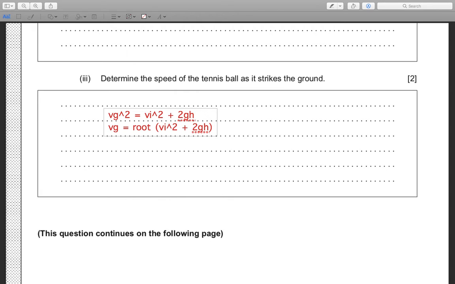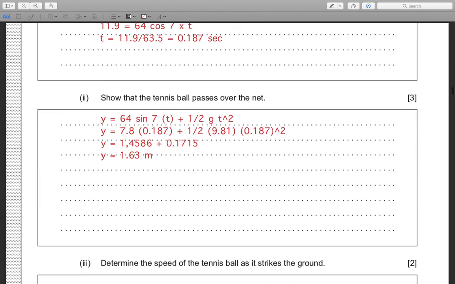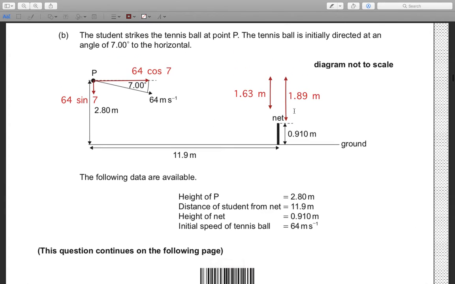So vg is the root of 64 squared plus 2 g, with g 9.81, times h, which is around 2.8 meter.